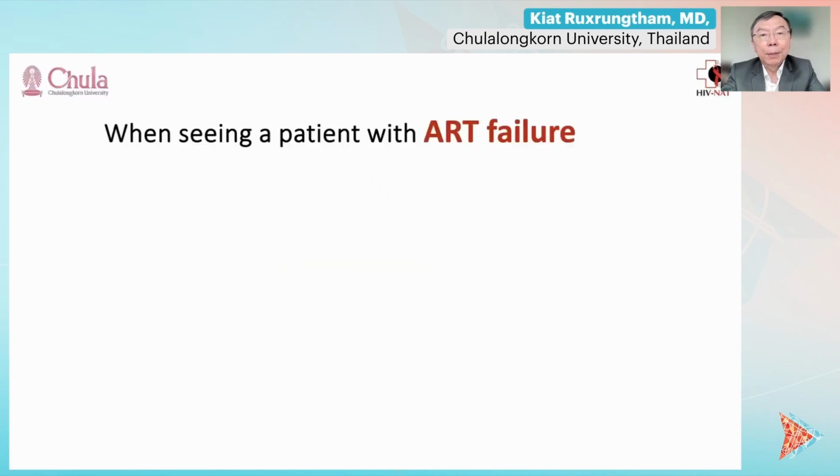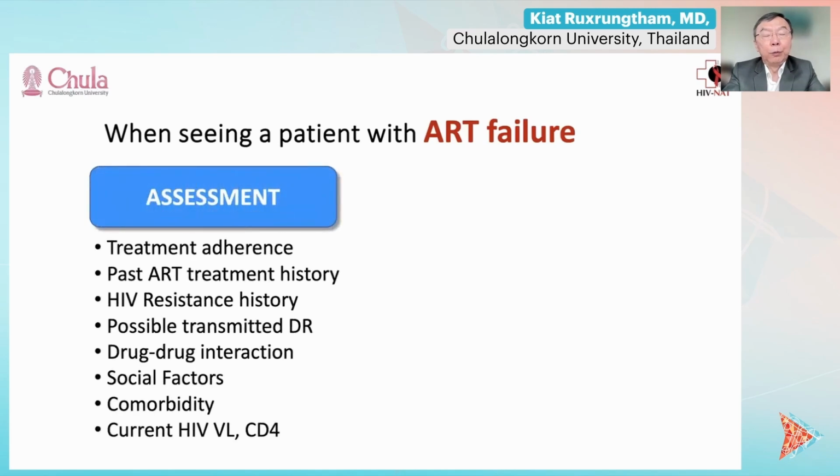So when we're seeing a patient with antiretroviral failure, we will start assessing that individual in terms of the history of adherence, the past history of ART treatment, and history of HIV drug resistance, if there is any. For possible transmitted drug resistance, we might explore the history of the partner.